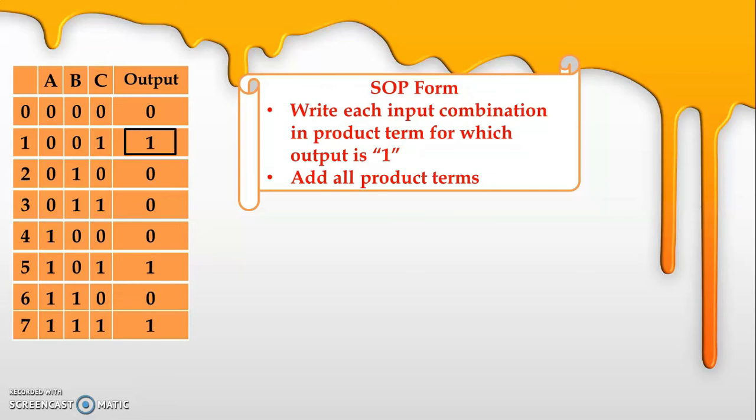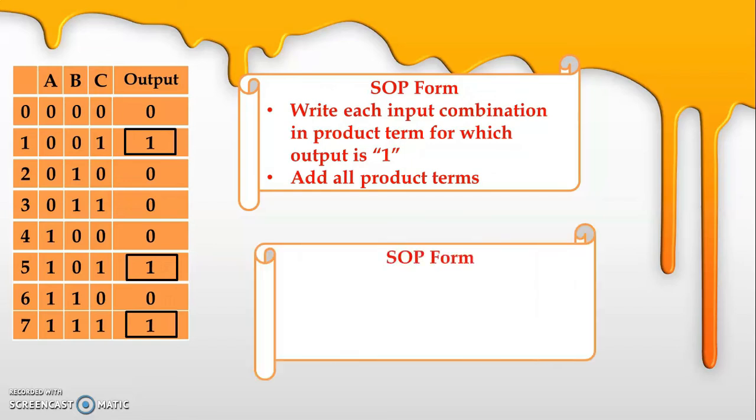We have high output at 3 different conditions, that is for 0 0 1, 1 0 1 and 1 1 1. So the decimal equivalent numbers for which we have high output are 1, 5 and 7.